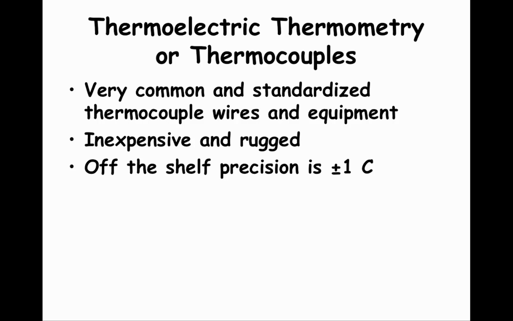Thermocouples are very common temperature sensors because they are inexpensive and rugged. The wires and equipment used are fairly well standardized. You have used the thermocouples in the lab. A thermocouple junction generates a small electromotive force or voltage that can be measured and calibrated against temperature.